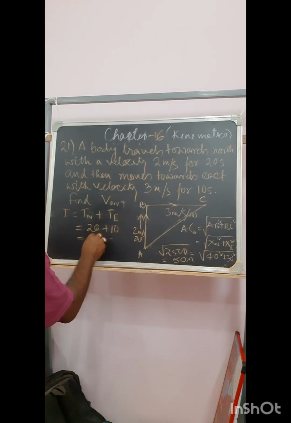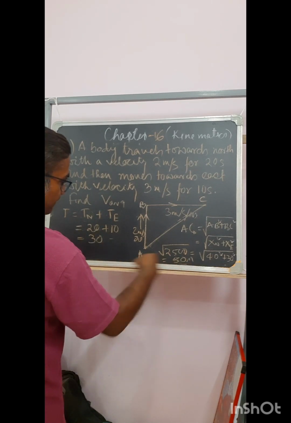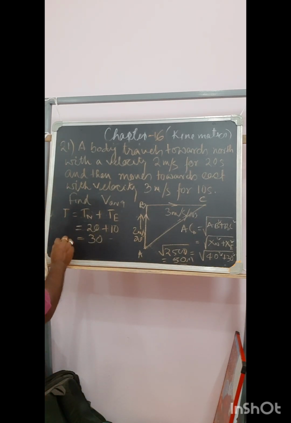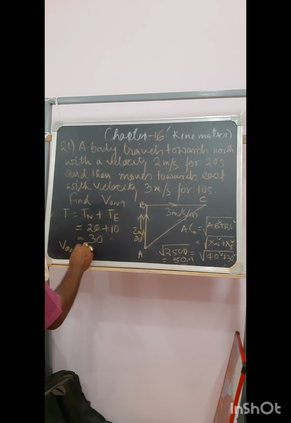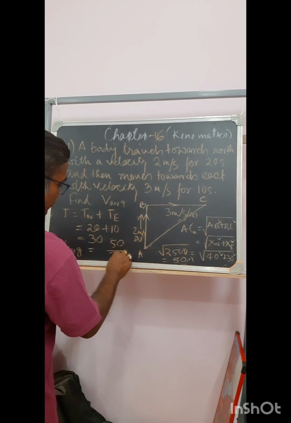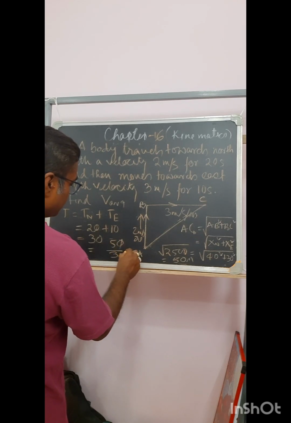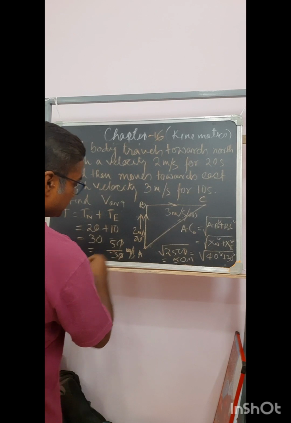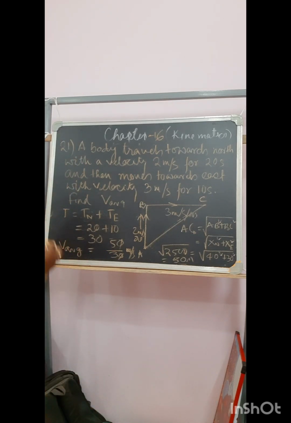So the time is equal to 30 and the displacement is equal to 50. Then average velocity is equal to displacement upon total time. So that means 5 by 3 meter per second. This will be your answer.